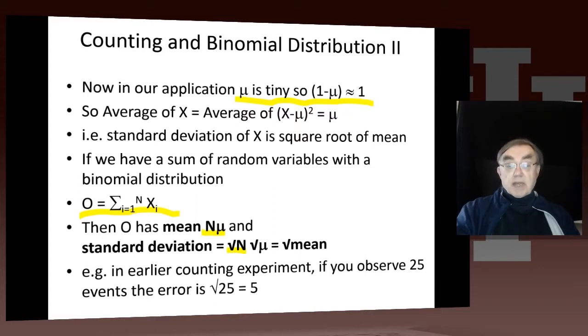So when we sum these binomially distributed events with small mu, for the sum we have a mean, which is whatever we count it up to be, and the error is the square root of the mean. And that's why we have an error of 5 when we observe 25 events, or 250 events in the counting experiments we did.